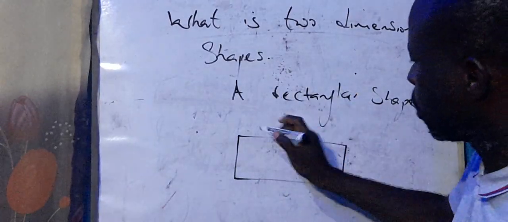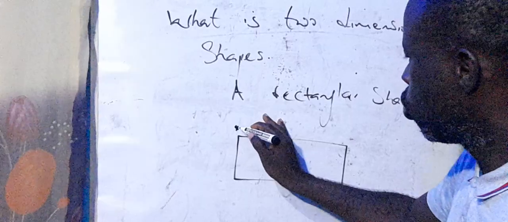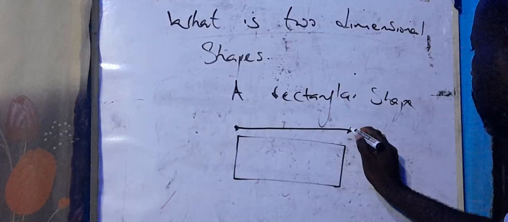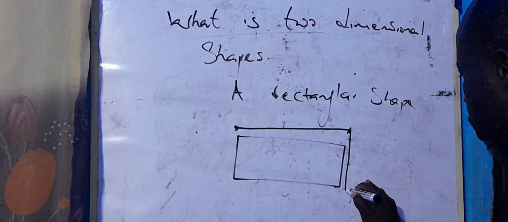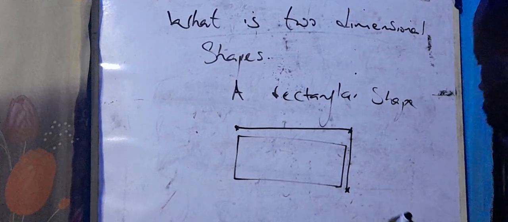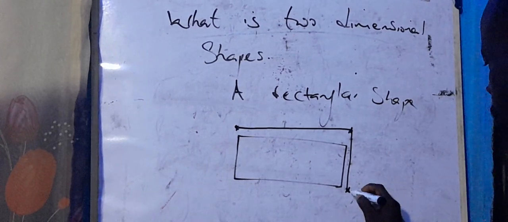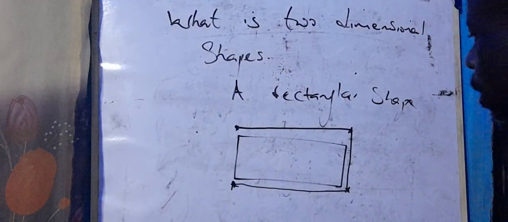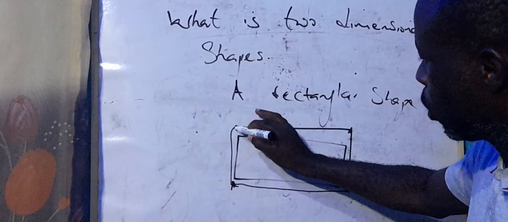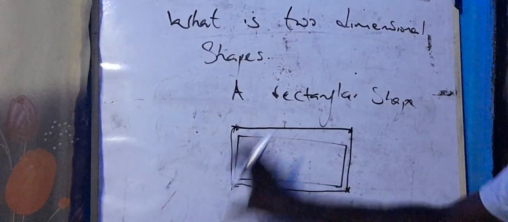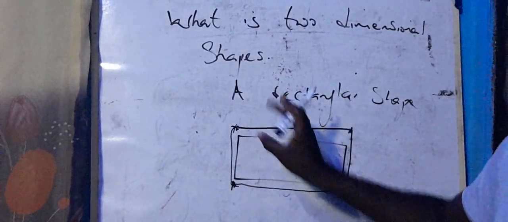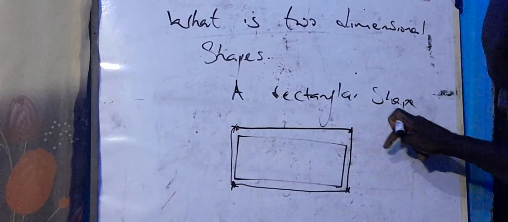Let's say we start from here. You move from here to here, and you cover the length. You move this way and cover the breadth or width. You move this way and cover the second length, and you move this way and cover the other breadth. So you have moved around the shape at the edges.